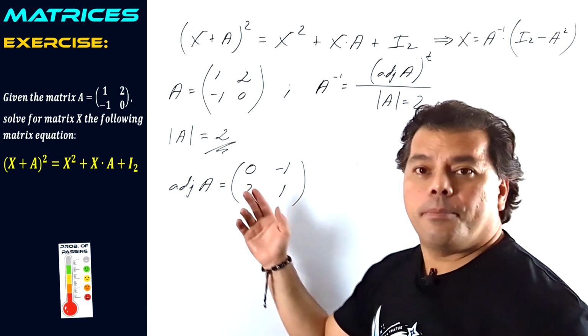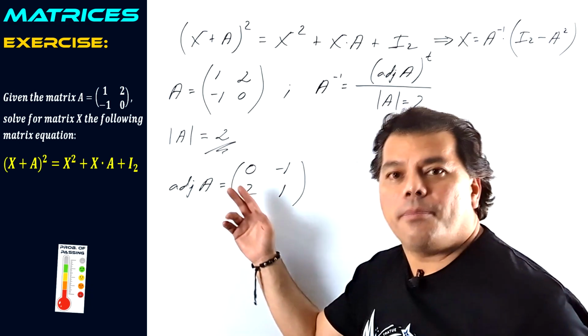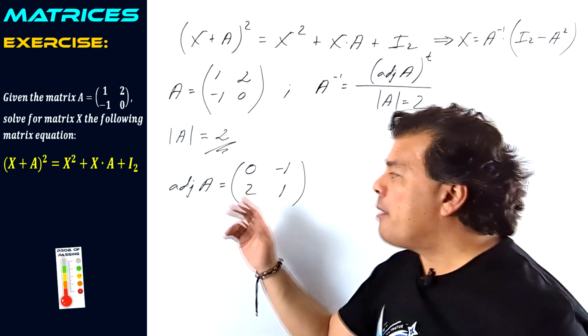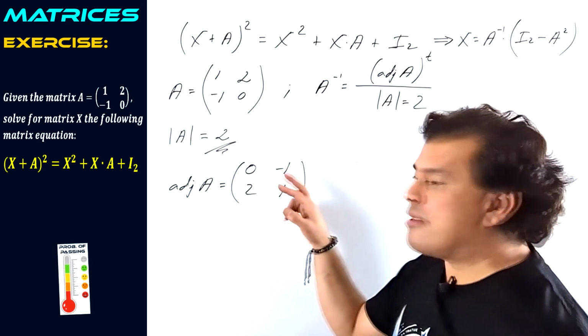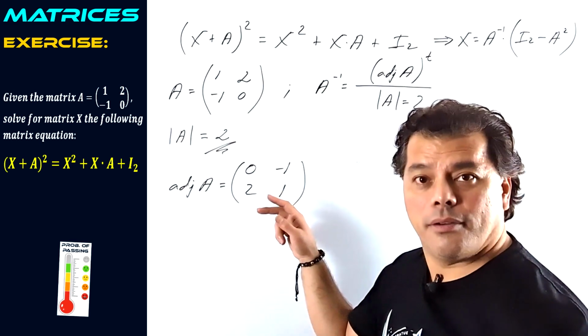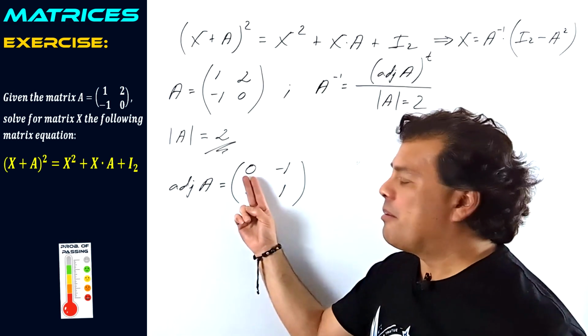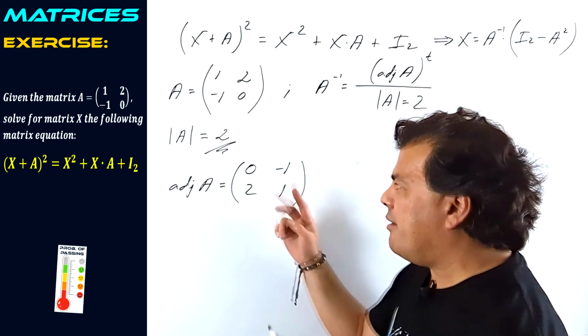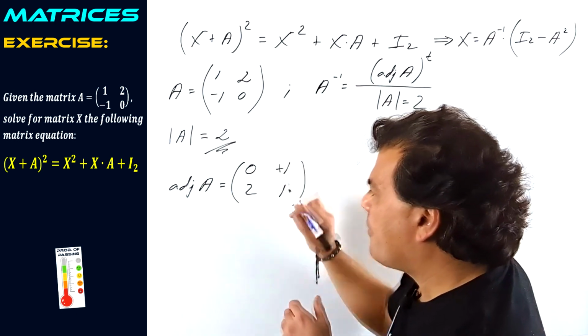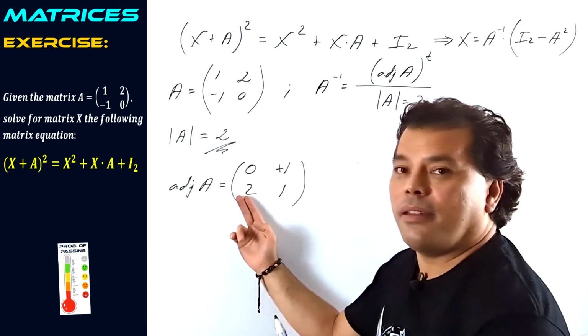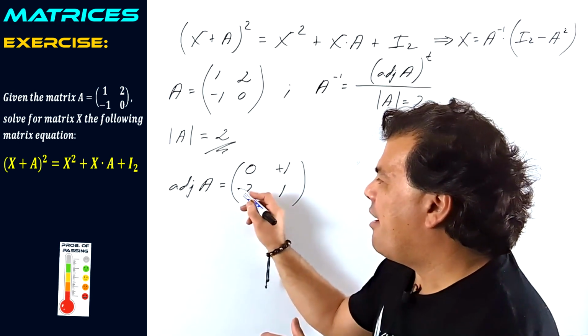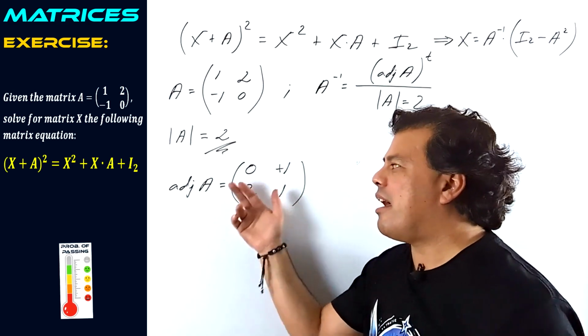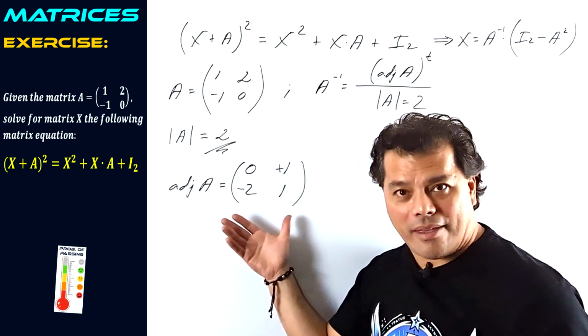When you say positive, it means that the number preserves its sign. But if you say negative, it means that we have to change the sign. Okay? Let's do it. Positive, negative, positive, and negative. Now these are the adjugates of matrix A.